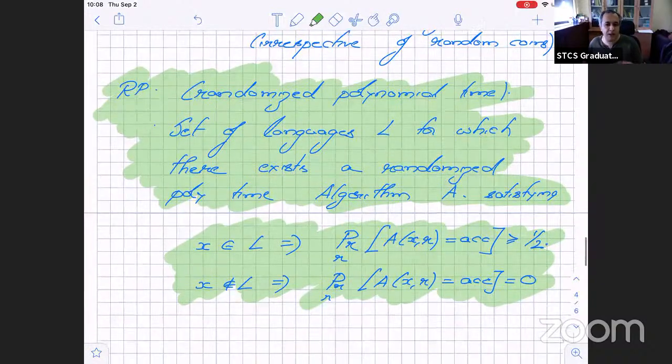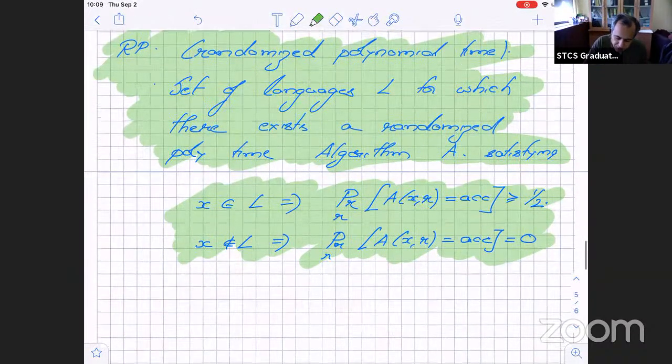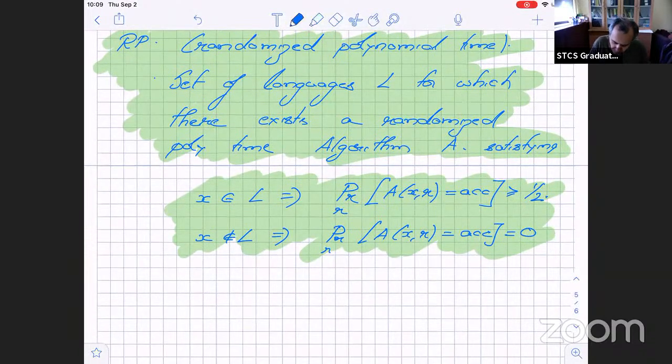RP is the class of languages which have one-sided error randomized algorithms. And co-RP, the accompanying class, is similar to randomized polynomial time, except the error is in the no instances.